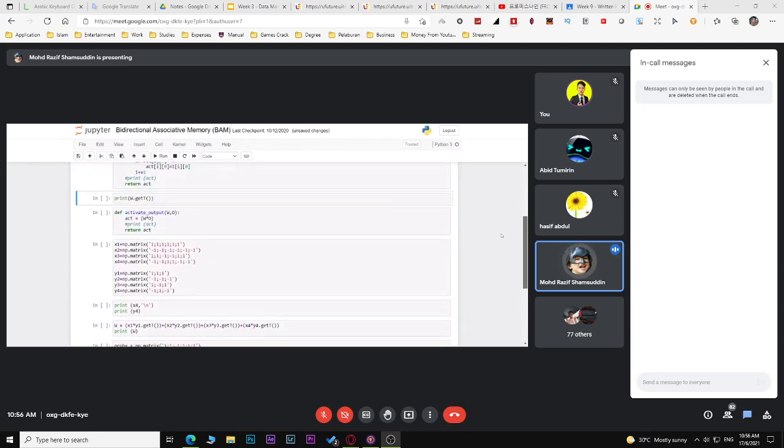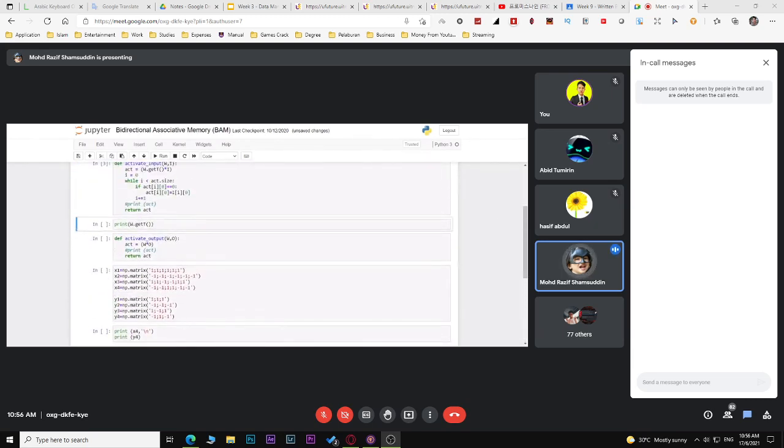Ni bukannya yang betul je. Let me check. Ada tak bidirectional associative memory yang lain? BAM. Ke desktop.